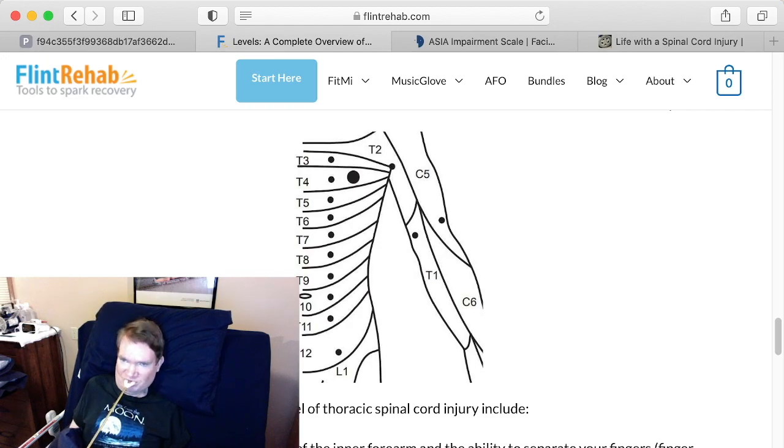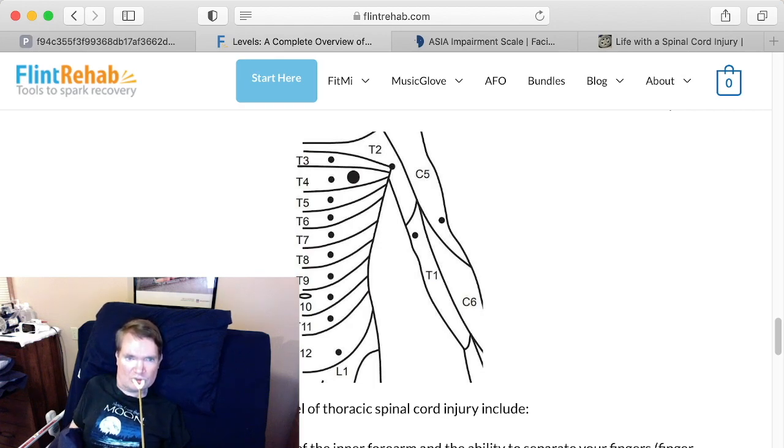So if you have a C5 or 6 injury, which is a couple levels lower than mine, then you can generally have some arm control. And again, going further down with the thoracic ones, it depends on what your injury level is as opposed to what you can control.